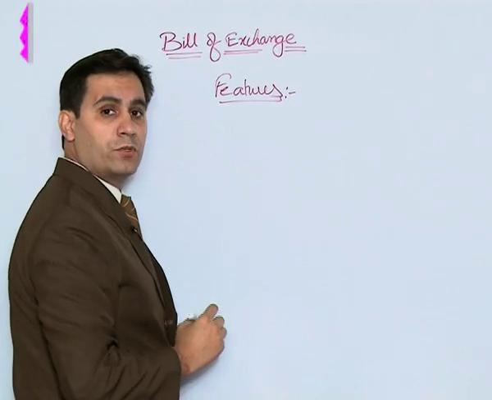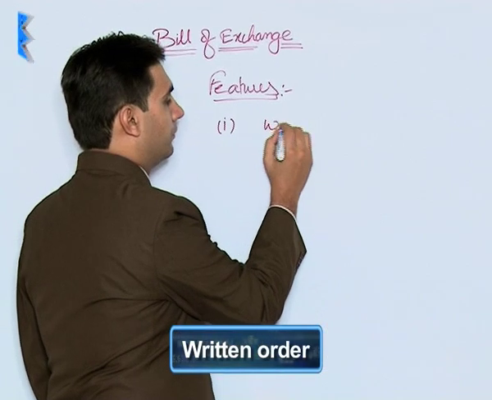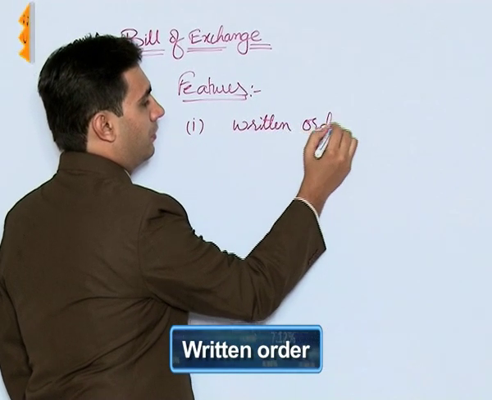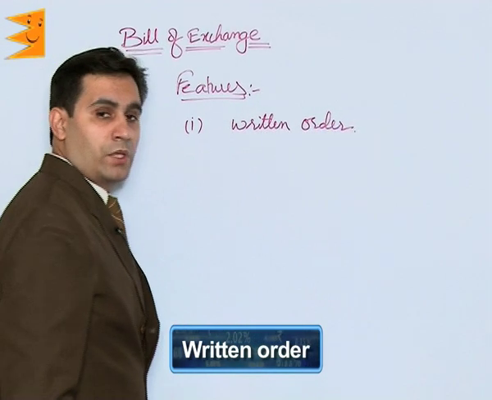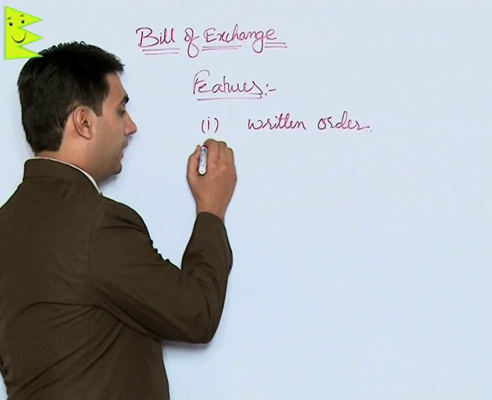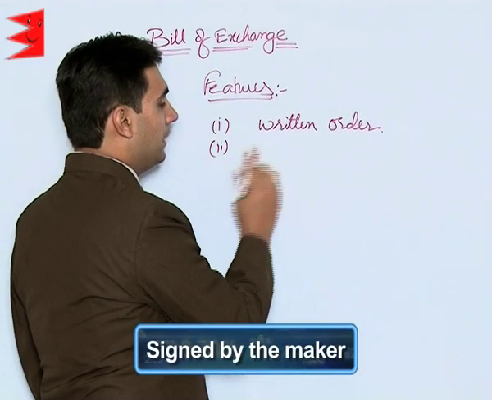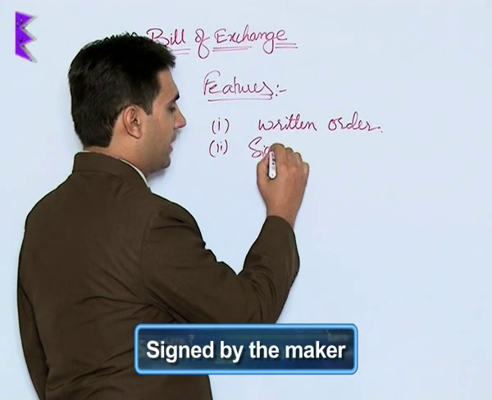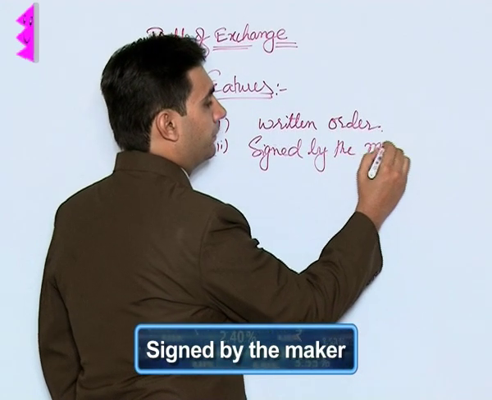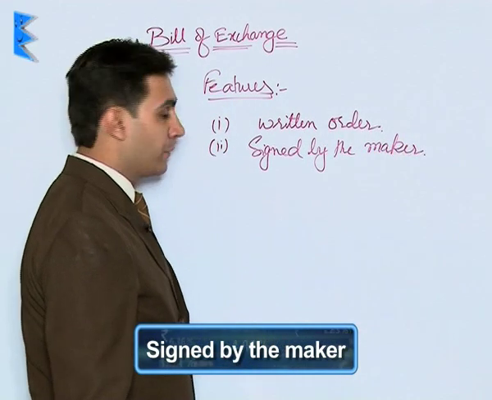The first and foremost feature is that it is a written order. A bill of exchange has to be in written form. Then it must be signed by the maker. The person who is making it must duly sign it.